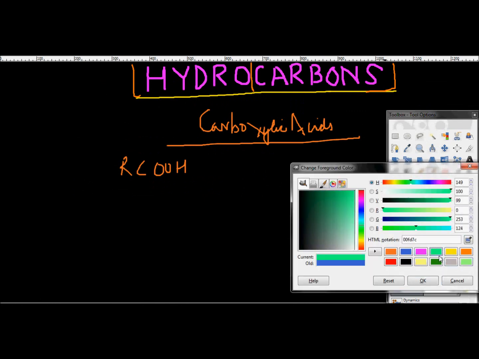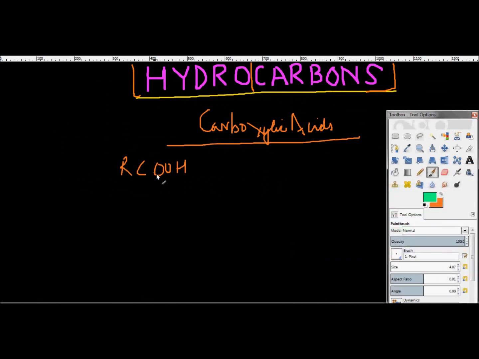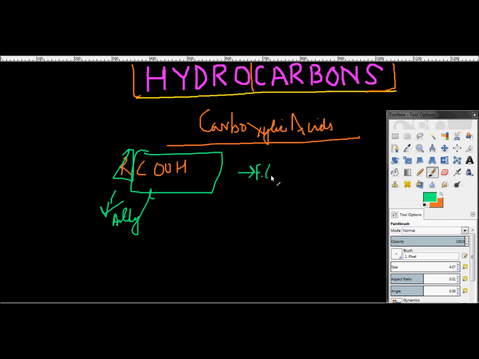So yeah, guys, in this RCOOH, your R is the alkyl group. I'm sure you guys can identify these by now. So this is your alkyl group determining the physical properties, and the COOH is constant again, and that's your FG for functional group. So guys, this is how you denote it.